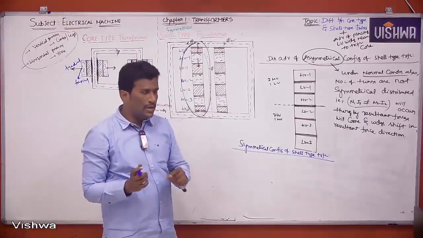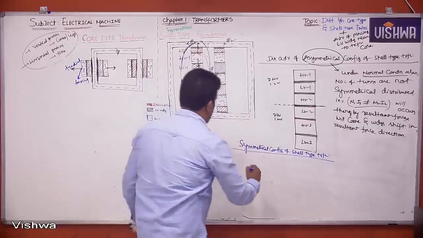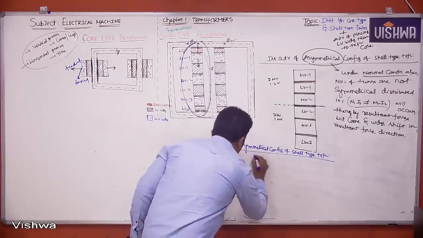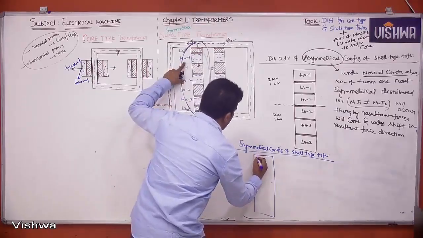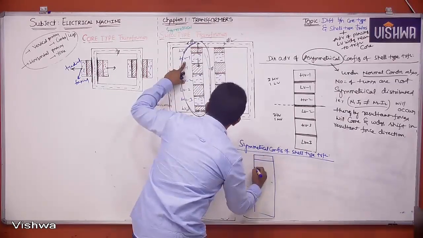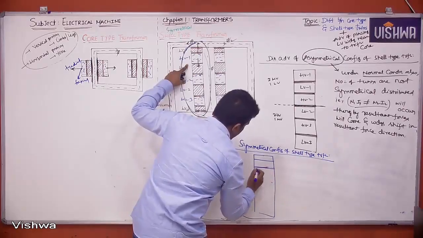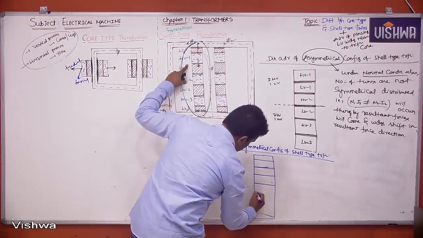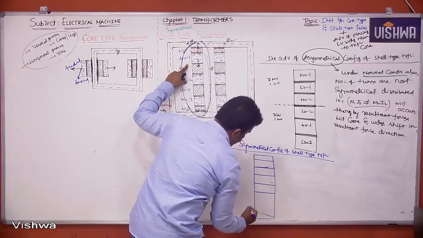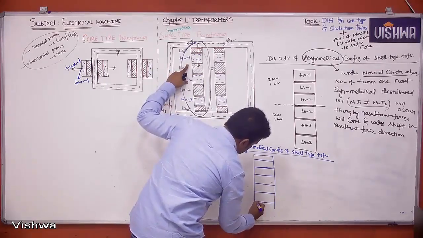I'm just redrawing this once again. First of all, you are having LV3 by 2, next HV1, next LV1, HV2, LV2, HV3, LV3 by 2.